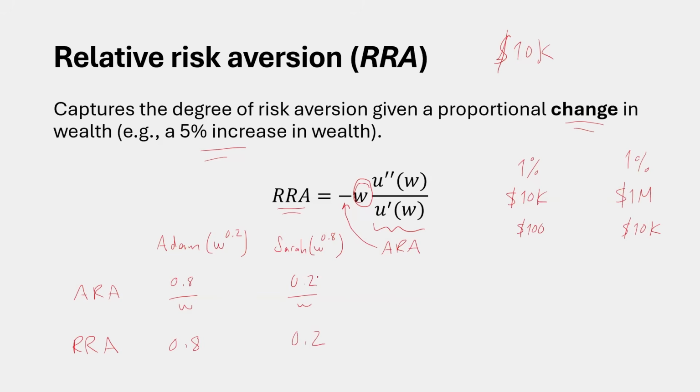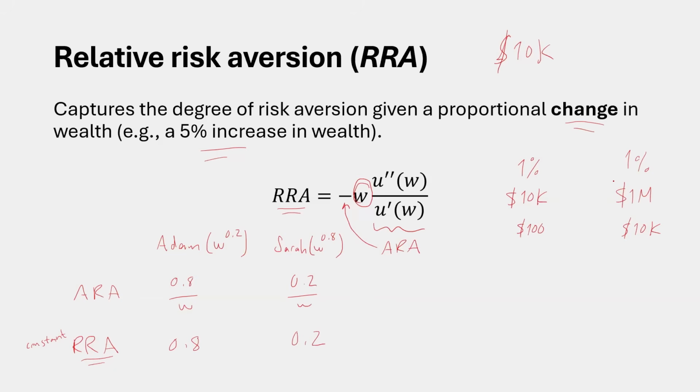As I mentioned at the start, both individuals have what we call a constant relative risk aversion. So their degree of relative risk aversion is independent of the level of their wealth. They are equally risk averse about losing 1% of their wealth, regardless of how rich or poor they are.